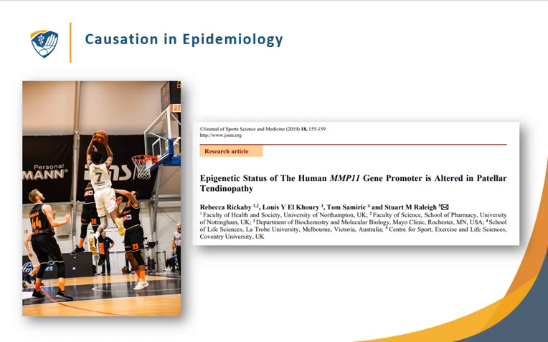So patellar tendinopathy is a musculoskeletal diagnosis that I've done a little bit of work with, not a lot, just a little bit. And typically the individuals who develop patellar tendinopathy are basketball players and volleyball players, so people that jump a lot. So we would say individuals are at a greater risk if they participate in jumping sports.